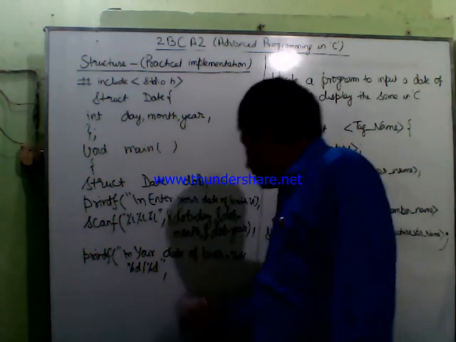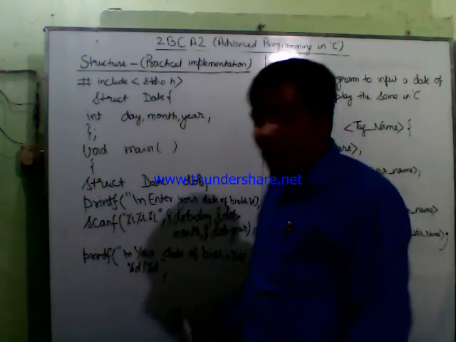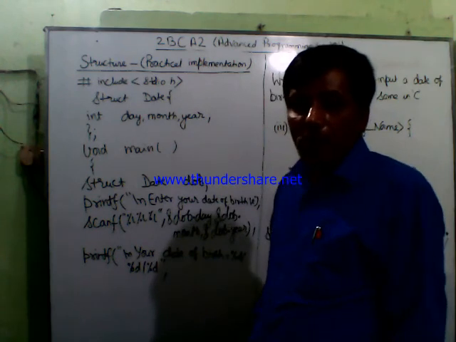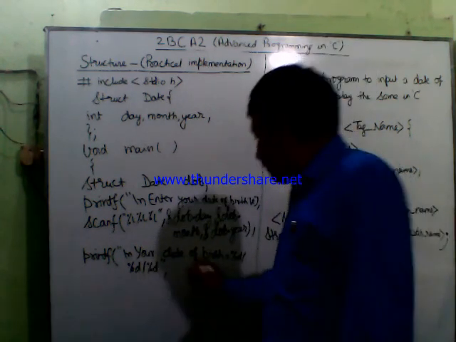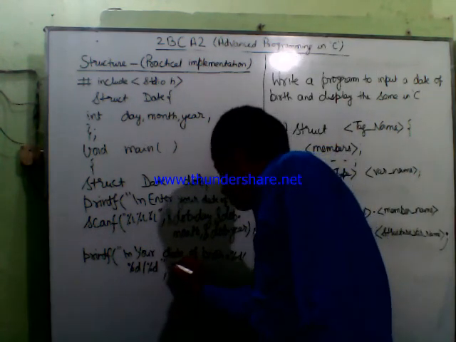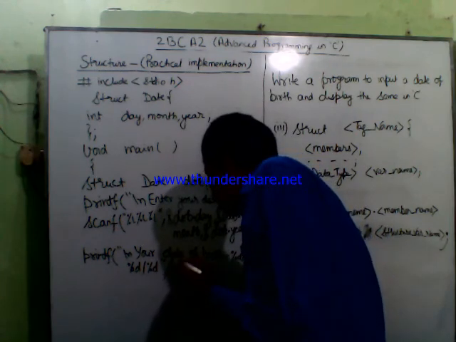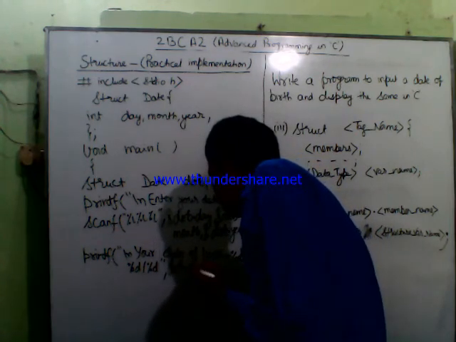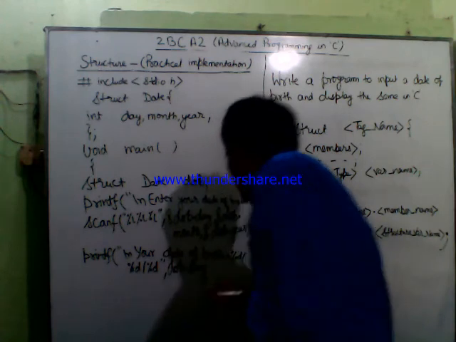So, the first value that will be displayed for displaying a date will be DOB.day.